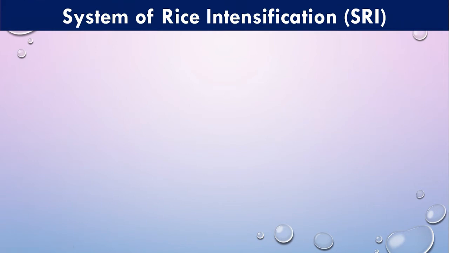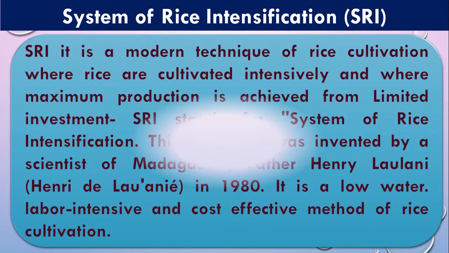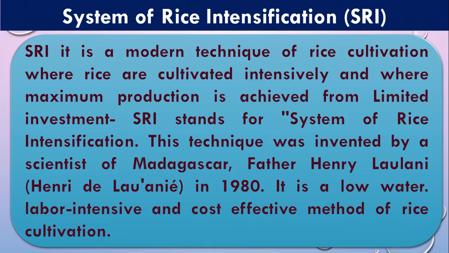Next, System of Rice Intensification, which is the SRI method. This is the modern method of rice cultivation, so we will discuss this. First of all, you have to understand what the SRI method is. This is very important for your creative and MCQ as well.